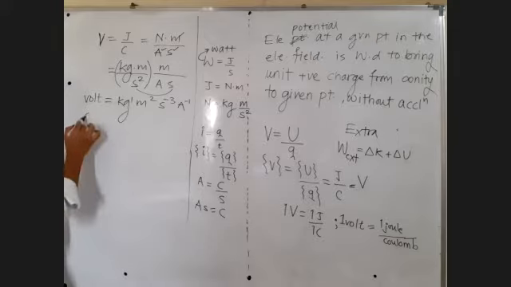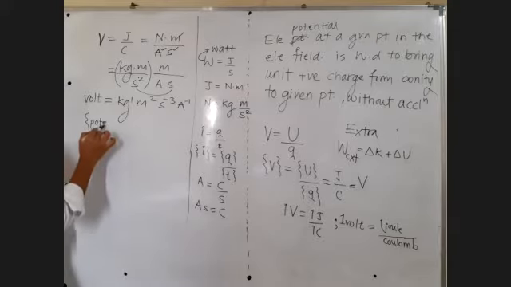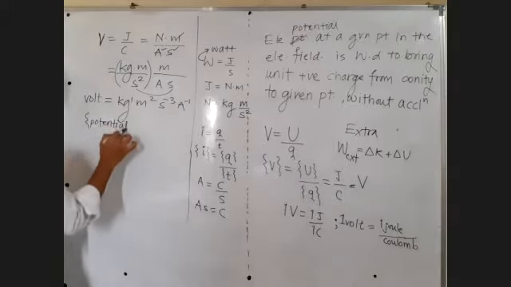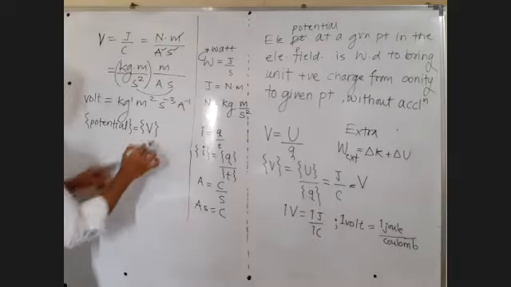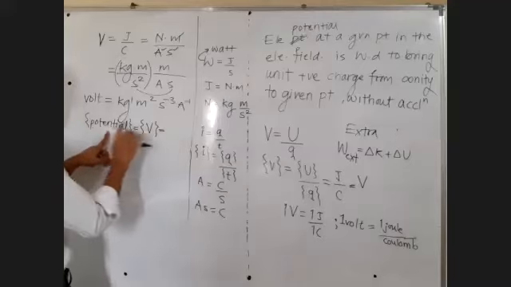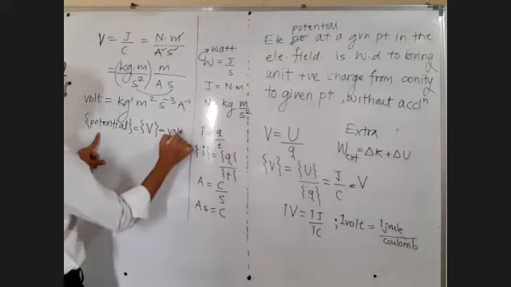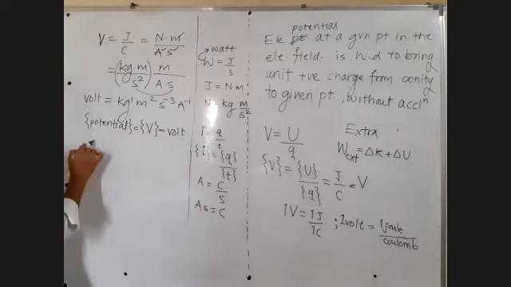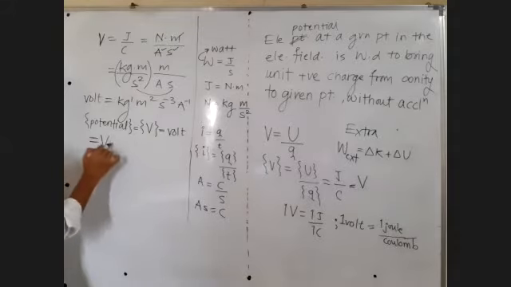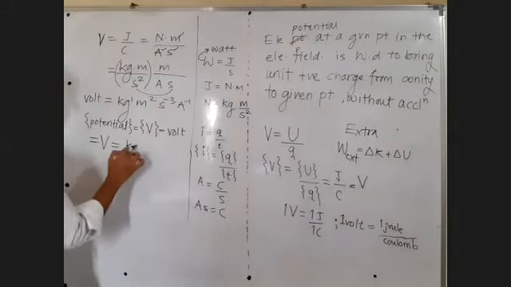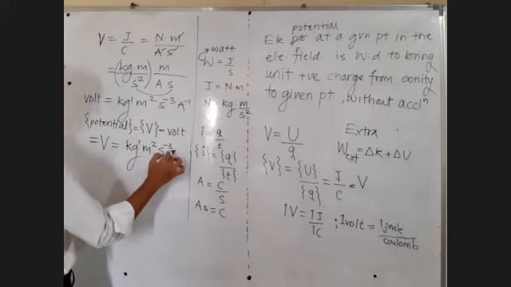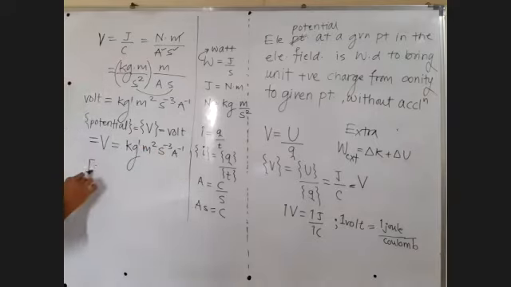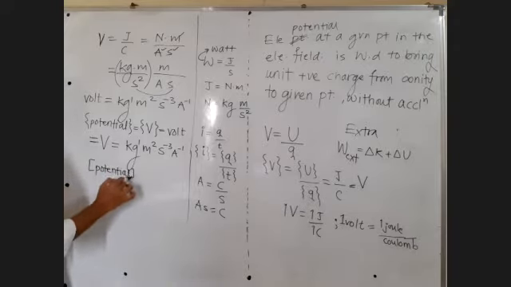Volt, unit of potential. Unit of potential is equal to unit of capital V. This V is potential. Unit of potential is volt, and this volt is again V. And that volt is equal to kg raised to 1, meter raised to 2, second raised to -3, and ampere raised to -1. These are the dimensions of potential.